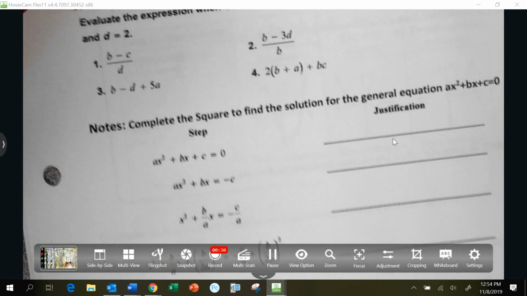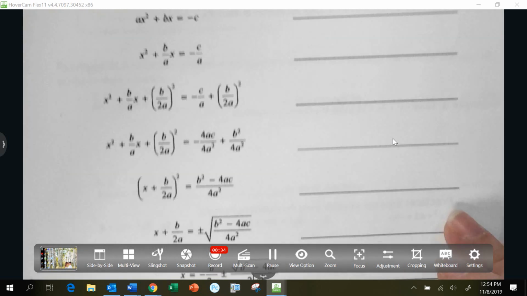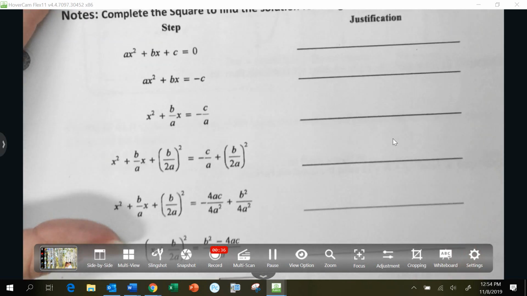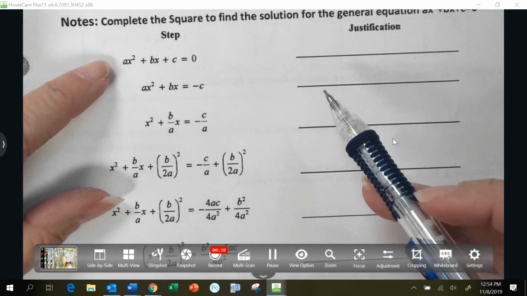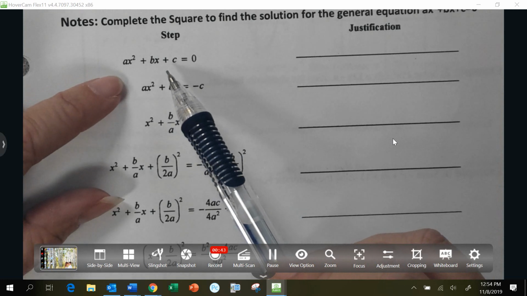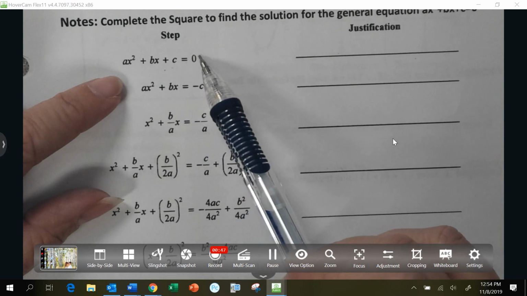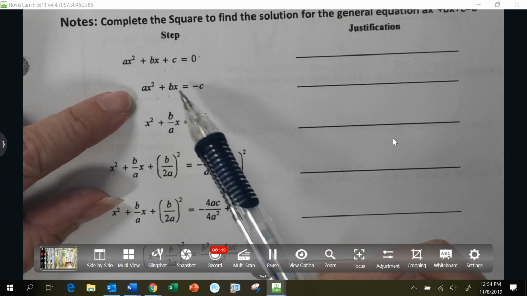We were going to do justifications, but we're going to move on because of time. It's not a proof. I mean, it's kind of that. I can show you the first justification. How do I get from ax squared plus bx plus c equals 0 to ax squared plus bx equals negative c?